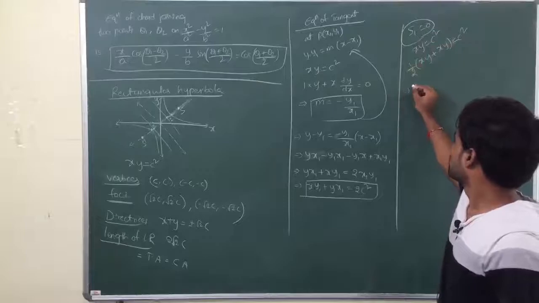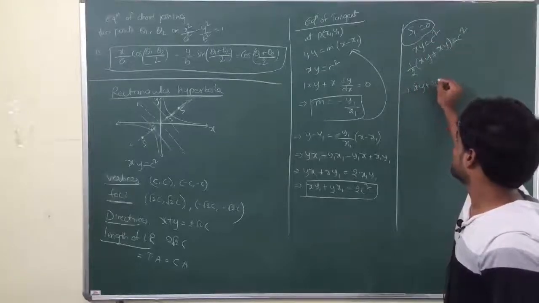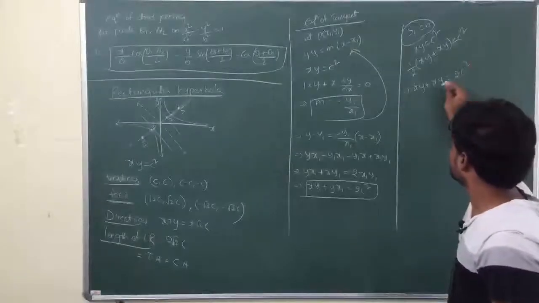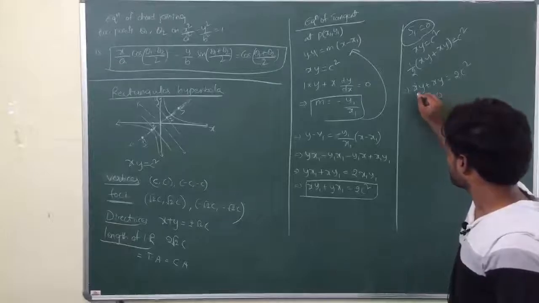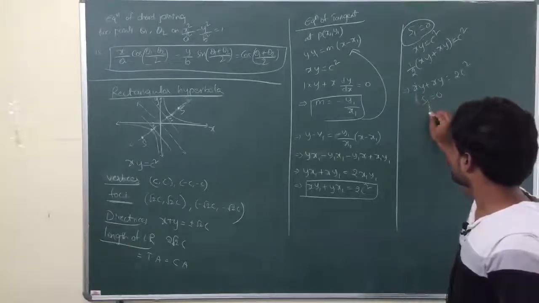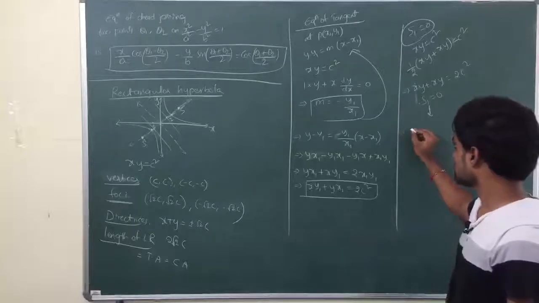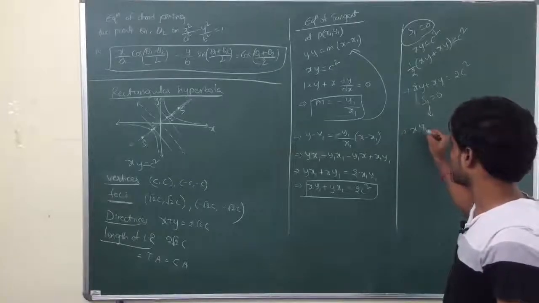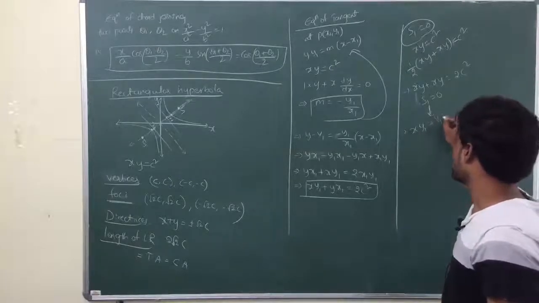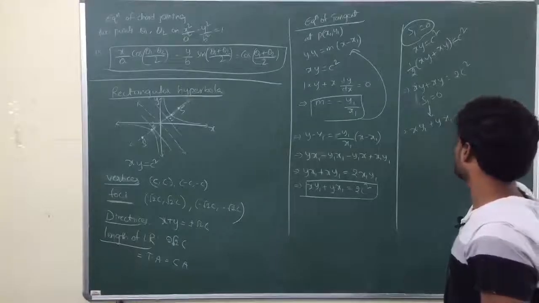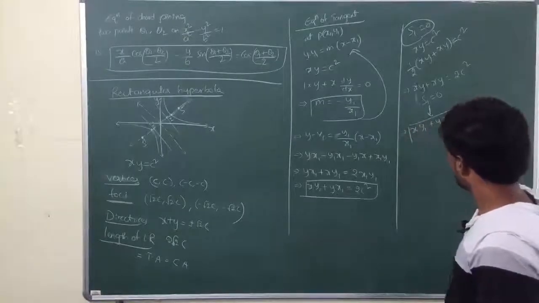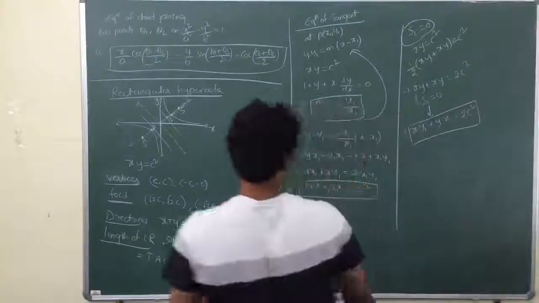So xy plus xy is equal to 2c square. Now apply S1 is equal to 0 here: x into replace y with y1, y into replace x with x1 is equal to 2c square. That is S1 is equal to 0.